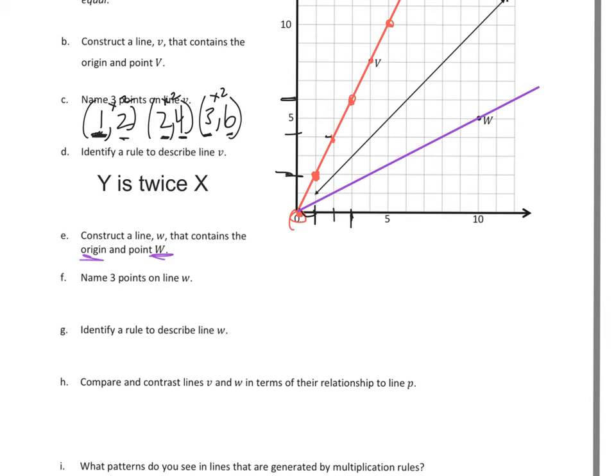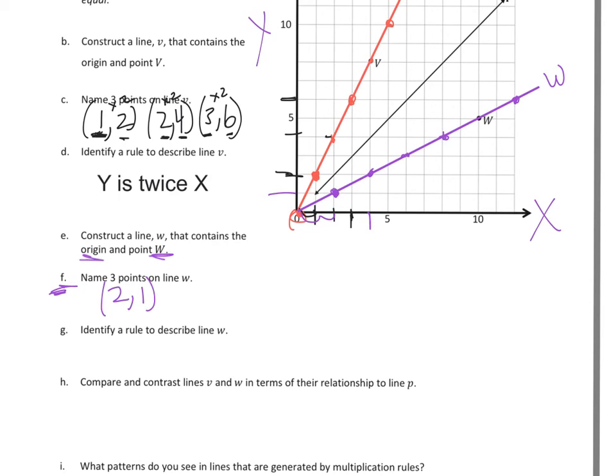So there's my line, and I'll label it W. For naming 3 points, I can see one right there, one right there, one right there, one right there, one right there, and then W is a point as well. So now I just have to label these, and I see my first one is 2, 1, because remember, we have to make sure that we go on the x, then the y when we're labeling these.